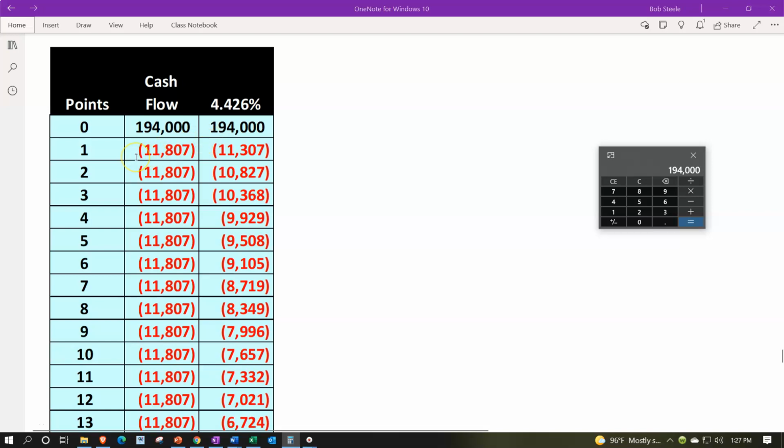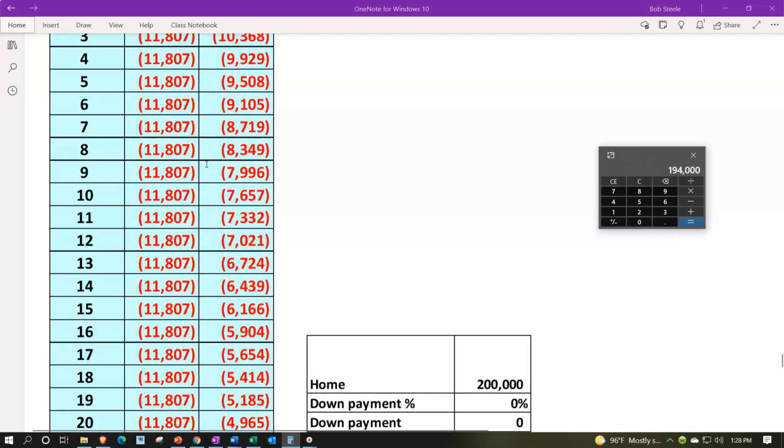So if I discounted the 11,807 back 1 year at 4.426, I would get back 11,307. Discounting the 11,807 back 2 years by, instead of 4.25, 4.426, I get 10,827.